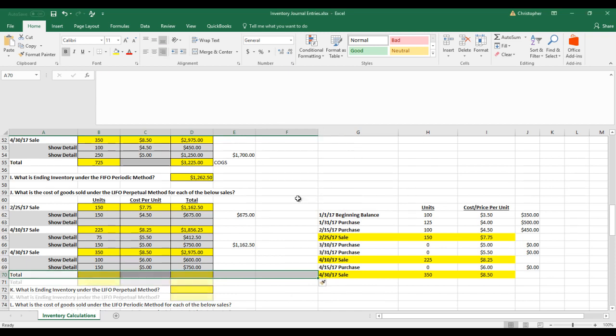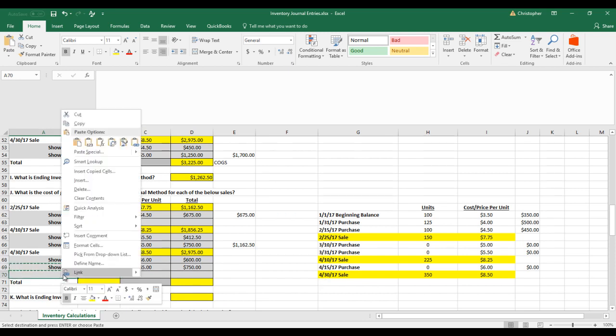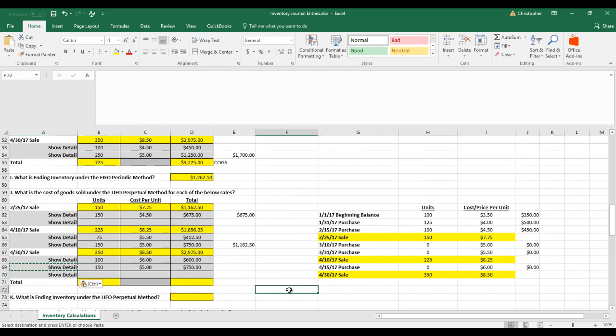We're just going to shift the cells down. Just copy that over here. So now we're going back up to the next to the last layer, which is this 100 units, and that's exactly what we need. 100 units at $4.50, so we can zero that out. Our total cost of goods sold for the $2,975 sale was $1,800 cost.